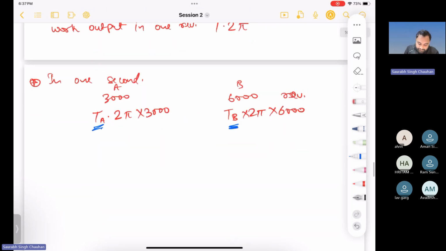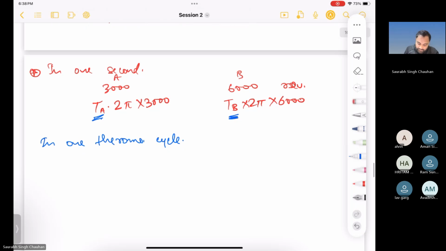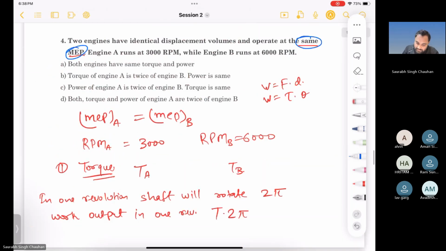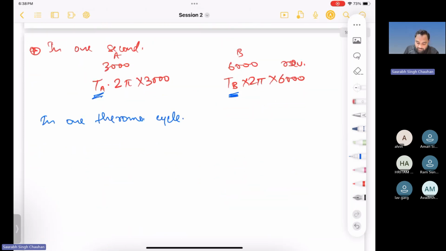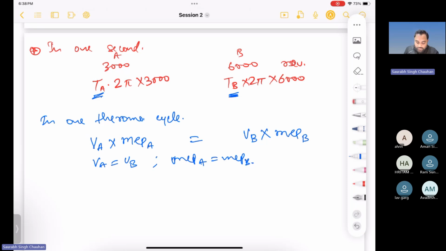Same MEP means in one thermodynamic cycle, and identical displacement volume, so V of A is equal to V of B. In one thermodynamic cycle, work output of engine A will be displacement volume of A multiplied by the MEP of A, and the work output of engine B will be displacement volume of B multiplied by the MEP of B. Both of these values are the same, because VA is equal to VB and MEP of A is equal to MEP of B. So in one thermodynamic cycle, both engines will produce the same amount of work.